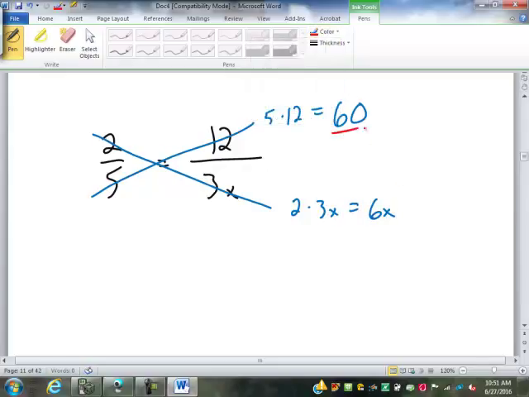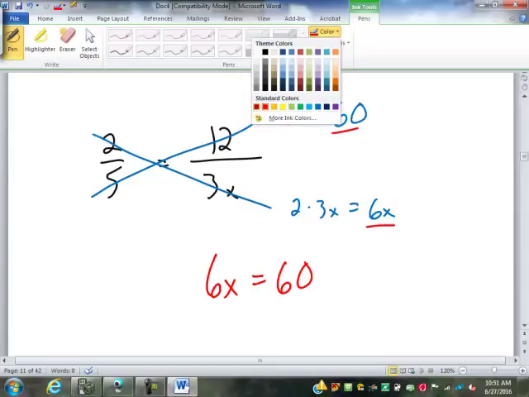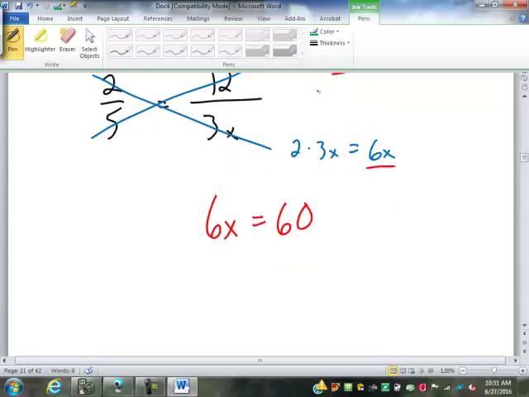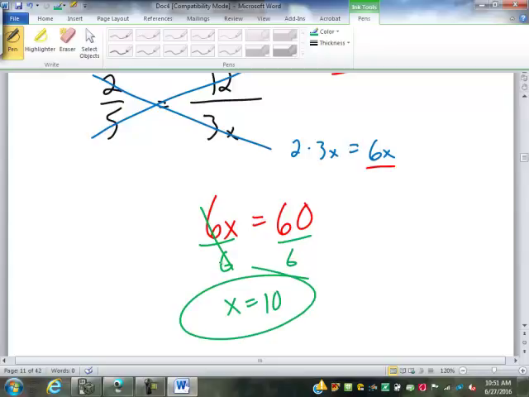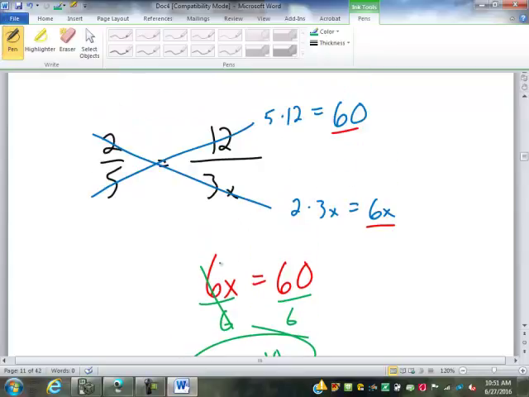The relationship between those two is that they must be equal. 6x must equal 60. So what do we have to do? We have to divide by 6. Very good. 60 divided by 6 is 10. x is 10. Now, depending on what we're asked for here, if we're asked just to find x, we're done. x is 10. If we're asked to find out what this value is, of course, this is 3 times 10, or 30.